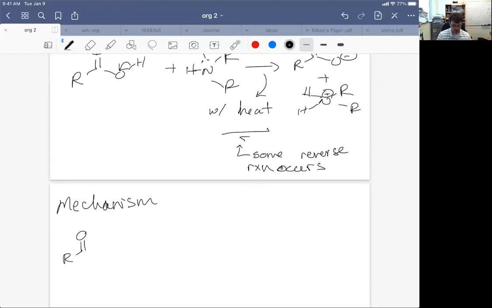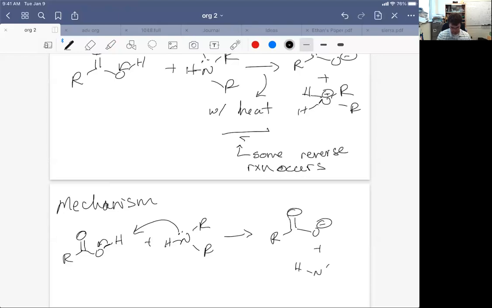So what does the mechanism look like for the conversion of a carboxylic acid directly to an amide? The mechanism is going to look like this. We have to recognize that the ammonium carboxylate is going to be formed. As soon as you mix them, while you're walking over to the hot plate to set this reaction up, this first reaction has already occurred.